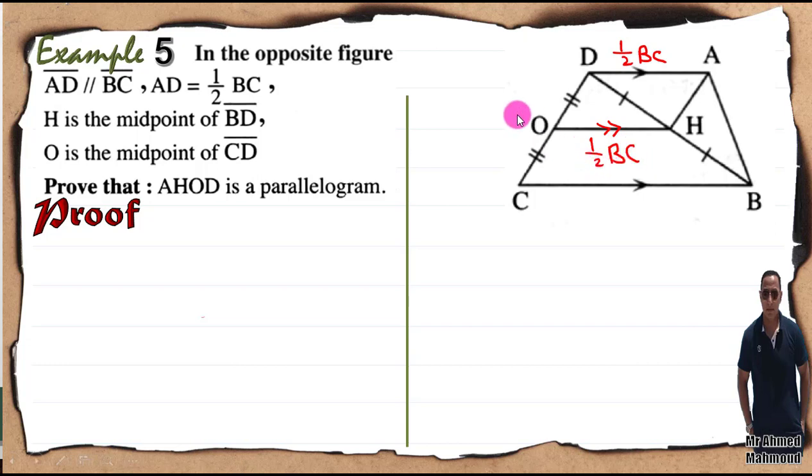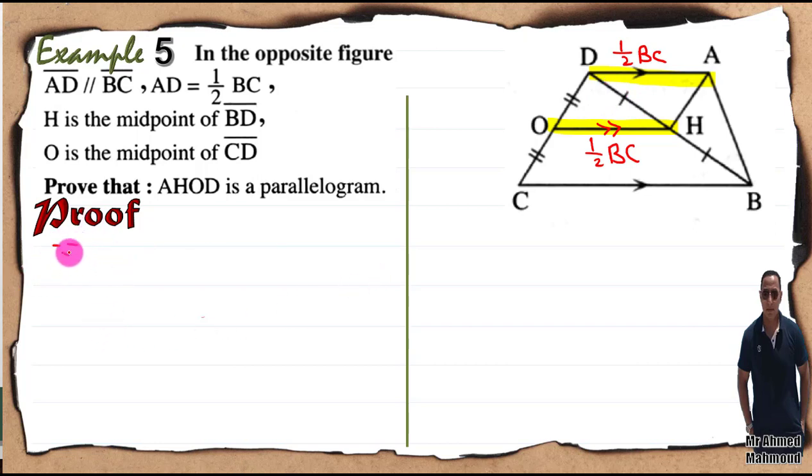By looking carefully at AD and HO, AD and HO are parallel to each other because each of them is parallel to BC, and each of them equals half BC, so they are equal to each other. So if I have two lines parallel and equal, this shape is a parallelogram. Again, if we have two lines parallel and equal, this shape is a parallelogram.